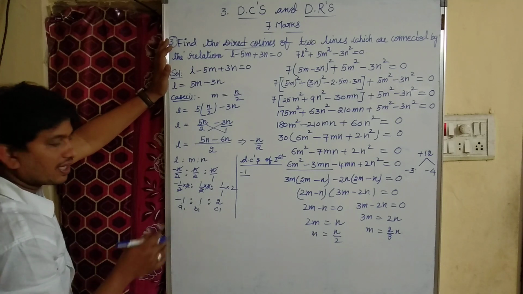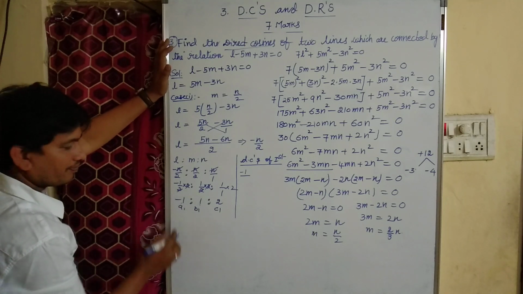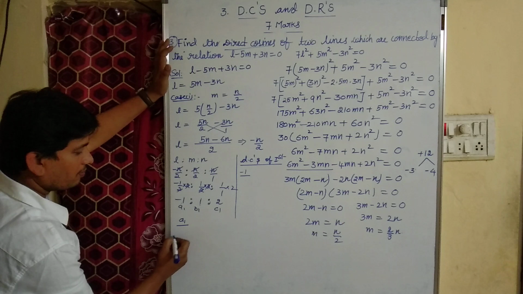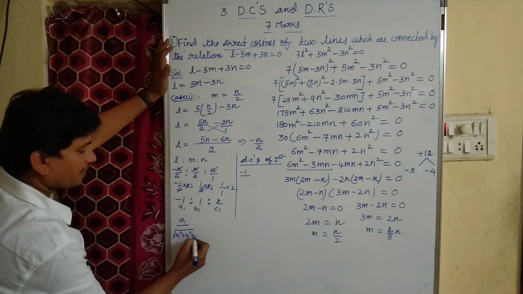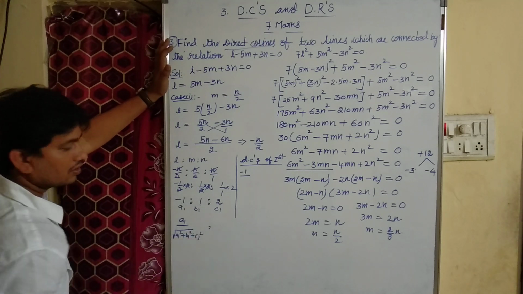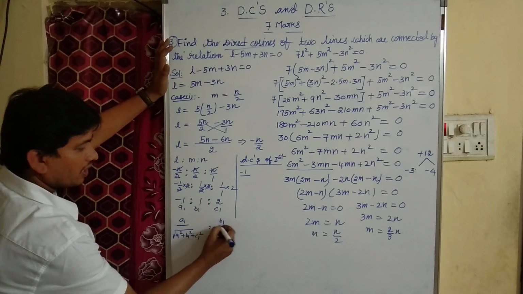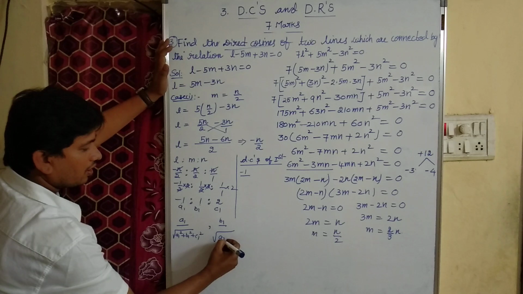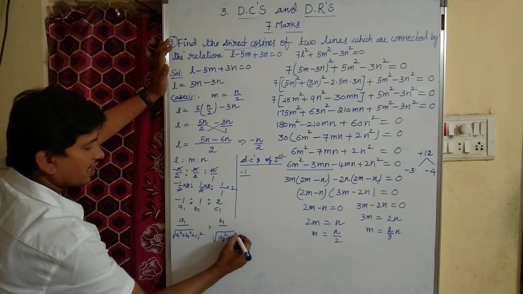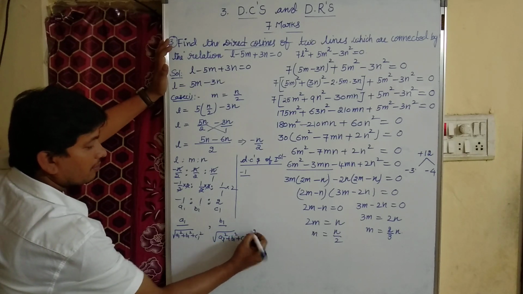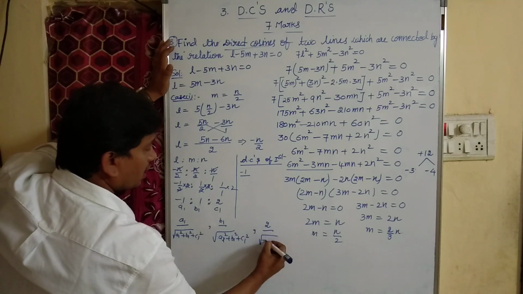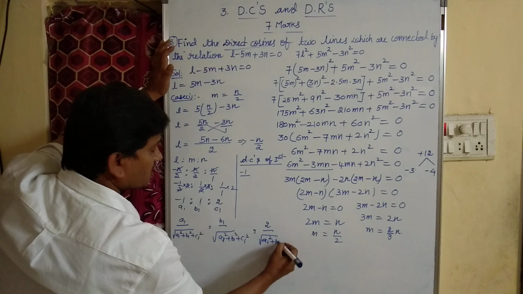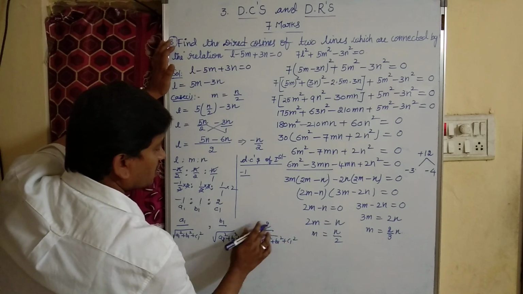So the DCs of the first line: the formula is A1 by root over A1 square plus B1 square plus C1 square, comma B1 by root over A1 square plus B1 square plus C1 square, comma C1 by root over A1 square plus B1 square plus C1 square. So this is our formula.